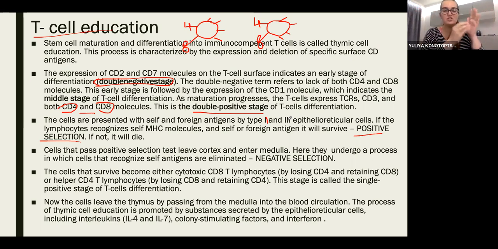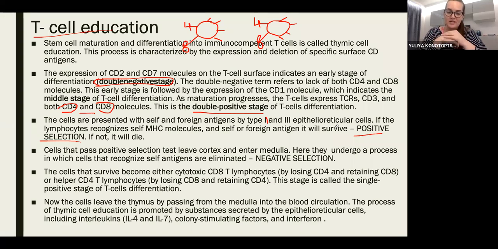And then I take an antigen of our heart or our brain or our kidney. And I again shove it to your face and say, this is a self antigen. Do you get it? And all of you are supposed to say, yeah, we got it. If you got it, you passed positive selection.